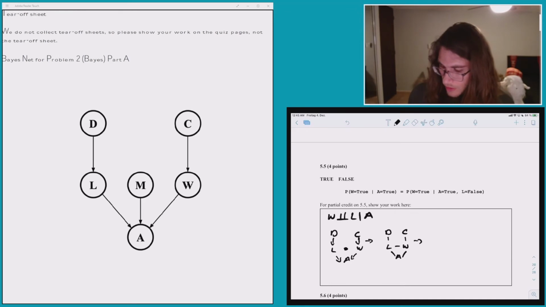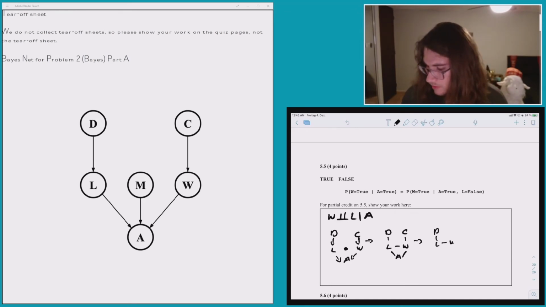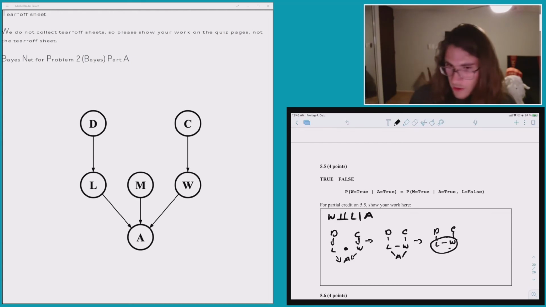In this case, the given is A, so I end up with D, L, W, C, and there is a path from W to L right here, which means they are not conditionally independent.